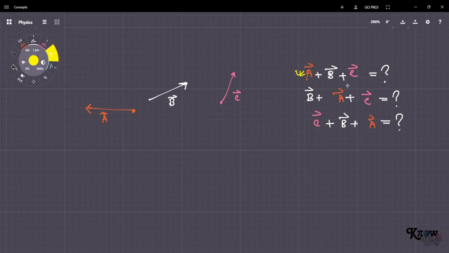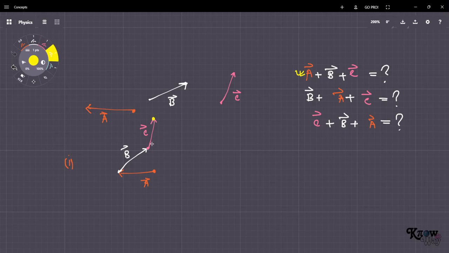A plus B plus C vectors. So we have vector A right here. With the head of vector A, I add the tail of vector B. That takes us right over here. This is our vector B. Now with the head of vector B, the same way we add the tail of vector C, it takes us right over here.